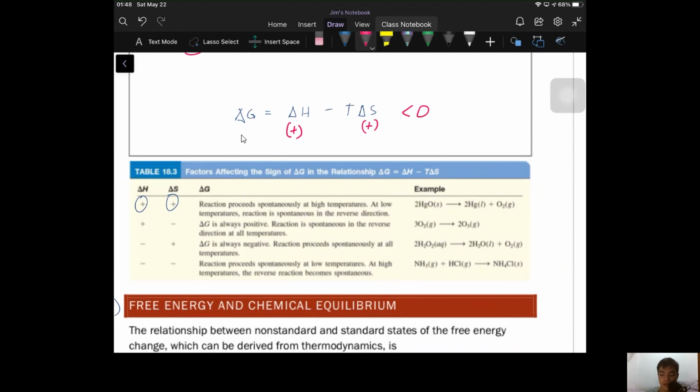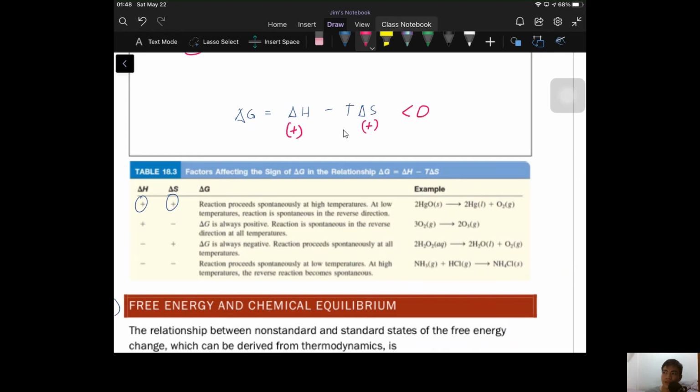Only at high temperatures. Okay, so at high temperatures, if you have delta H na positive and delta S na positive, kailangan mataas yung temperature para maging negative yung entire value. Bakit? Kasi ganito. Take note na itong delta S nakamultiply sa negative sign.